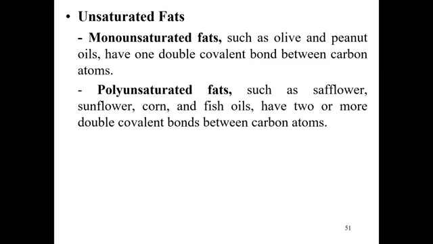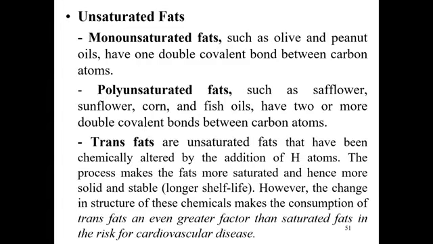Okay, unsaturated fats also have subdivisions. When we say monounsaturated fats, it only has one double covalent bond between carbon atoms. When we say polyunsaturated fats, it may have 2 or more double covalent bonds in carbon atoms. Okay, trans fats are unsaturated fats that have been chemically altered by the addition of hydrogen atoms.